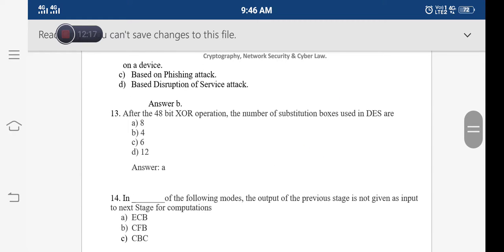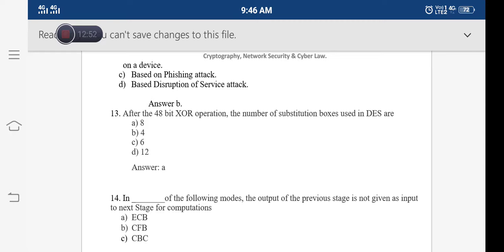30th question: after the 48-bit XOR operation, the number of substitution boxes used in DES is. In DES, at the time of encryption, the 48-bit XOR operation is between Ri minus 1 and the key values. That will get converted again into 32 bits.